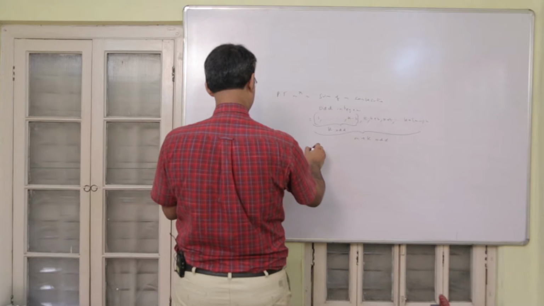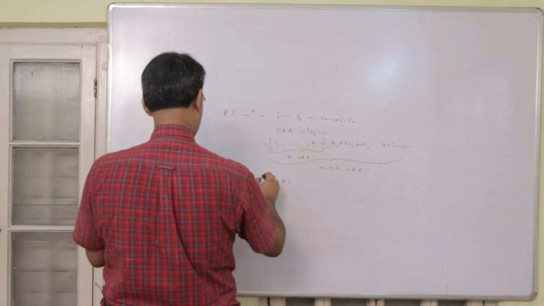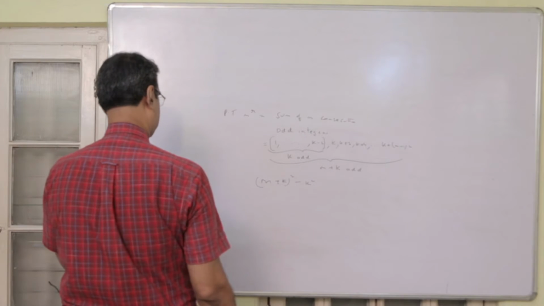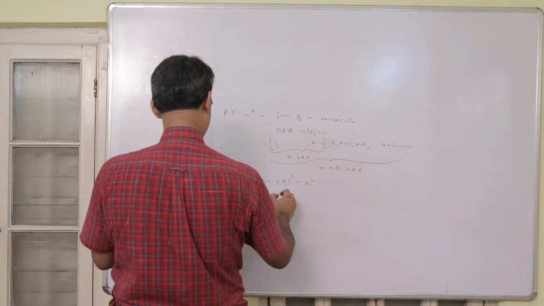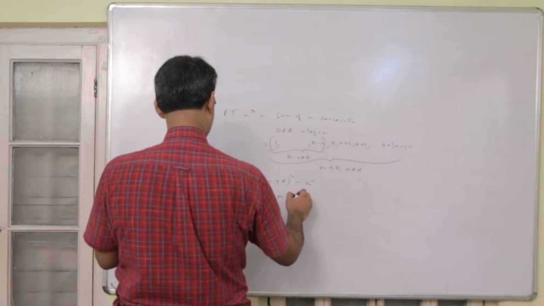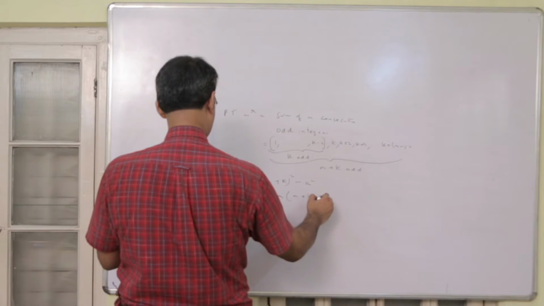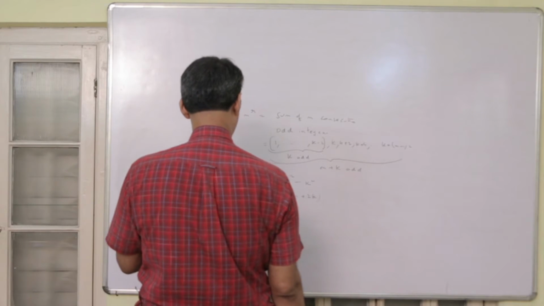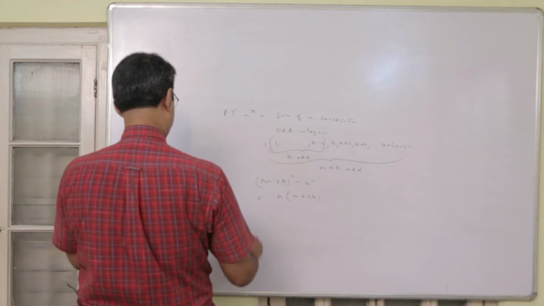So that means the answer will be (m plus k) whole square minus k square. So that is equal to m into (m plus 2k).